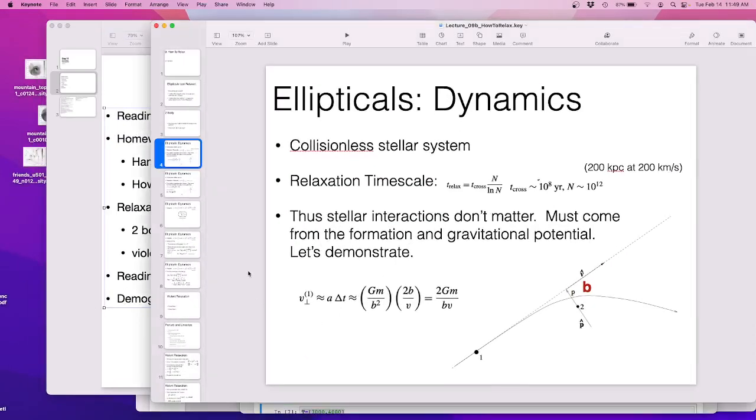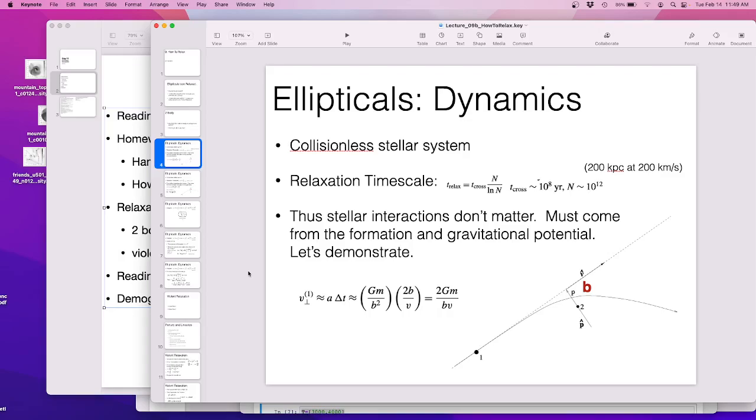Let's talk about how relaxation happens. We talk a lot about elliptical galaxies as big relaxed objects, and we want to talk about how they get relaxed. So we're going to say, okay, I've got n stars, where n is a large number.